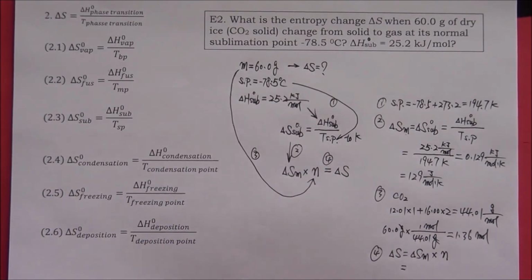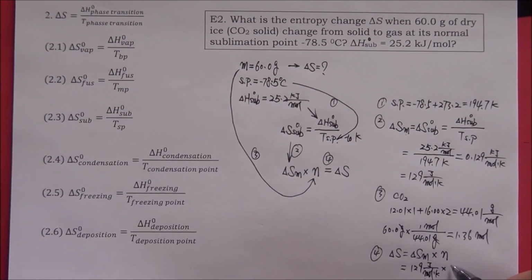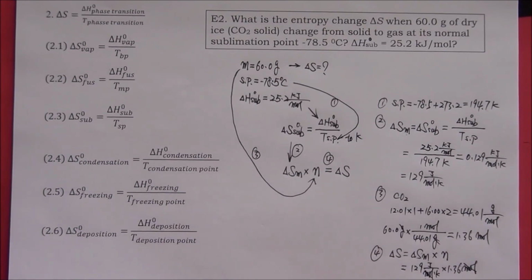The molar entropy change is 129 joule per mole per Kelvin. The moles is 1.36 mole. Mole cancel. We will get 175. The unit is joule per Kelvin.